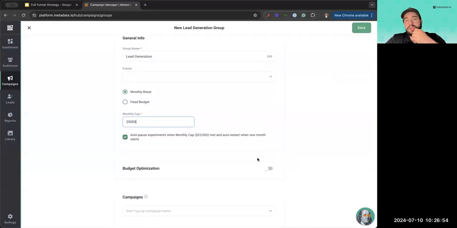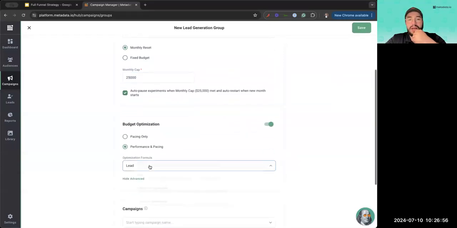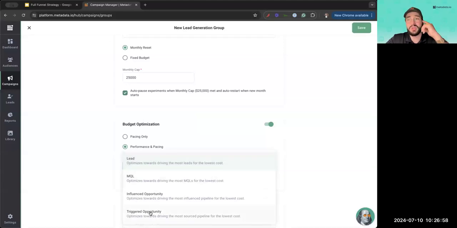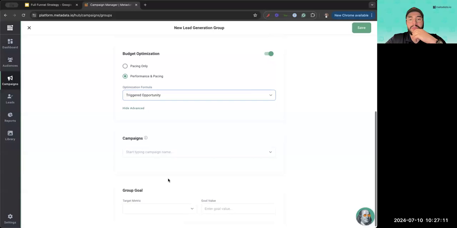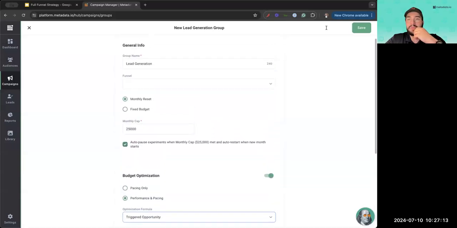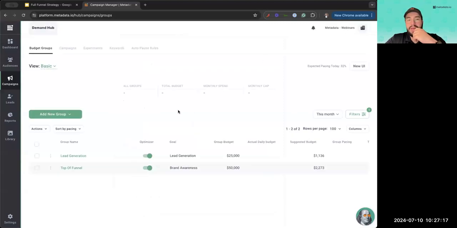What I'm going to determine for this is that I want to be optimizing for opportunities, not for leads. I'm going to be optimizing for what content is actually driving the most opportunities, and triggered is synonymous with sourced. So I'm going to go ahead and create this one, and I have $25,000 remaining.